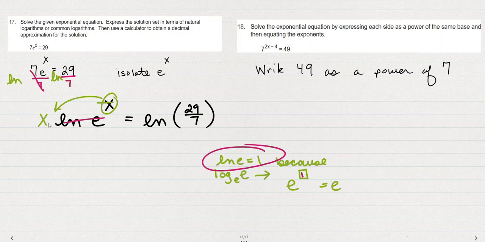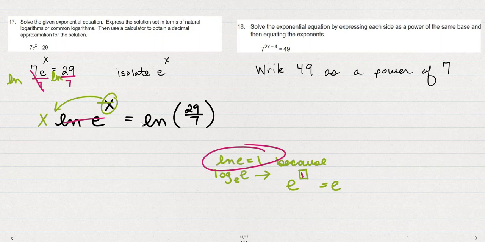And don't just memorize it. Memorize it so you don't have to think through it and work it out each time, but also understand why. And the why is because natural log of e means log base e of e. And when we say, well, what exponent would I have to raise to this base e to get an e? It's an obvious exponent of 1.